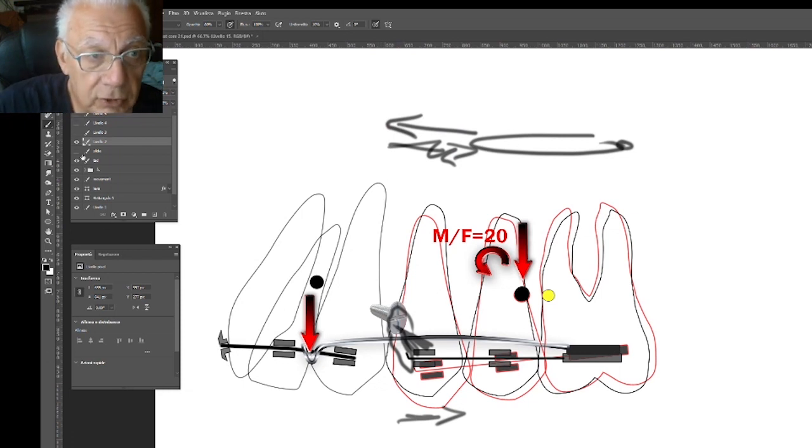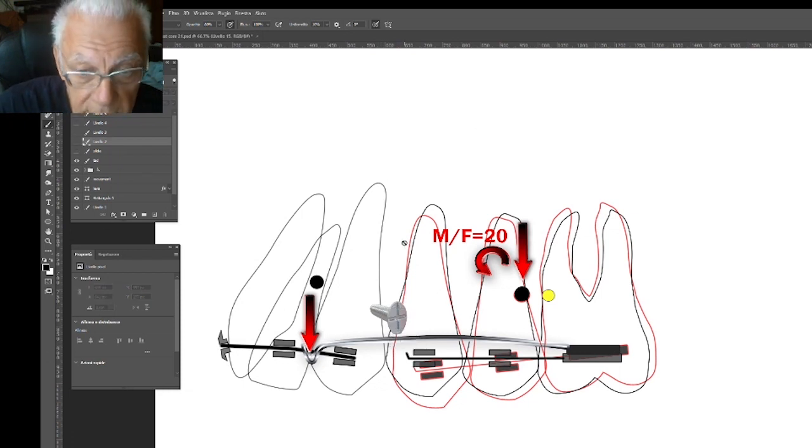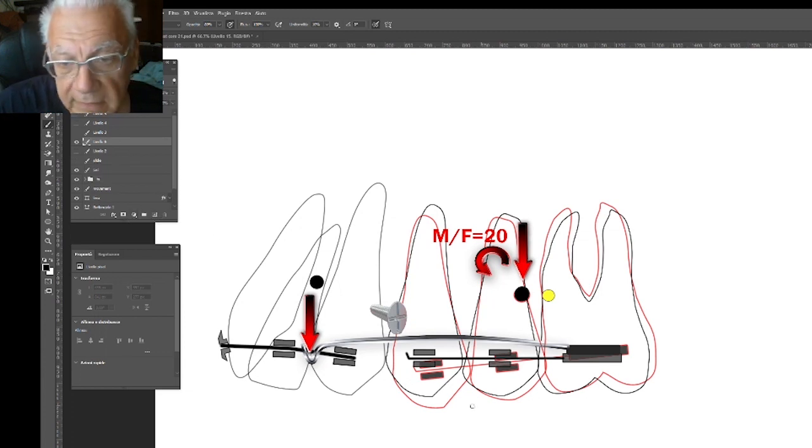My recommendation, if I want to use a TAD in order to block this movement, and I would do it only in a case, let's imagine, that you have a patient that doesn't have teeth in this area.